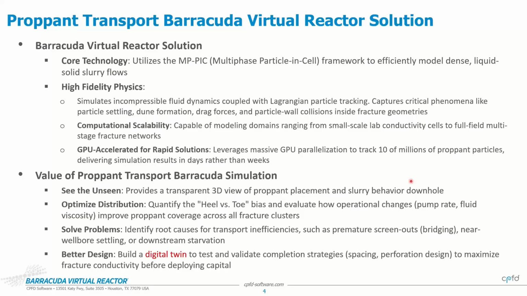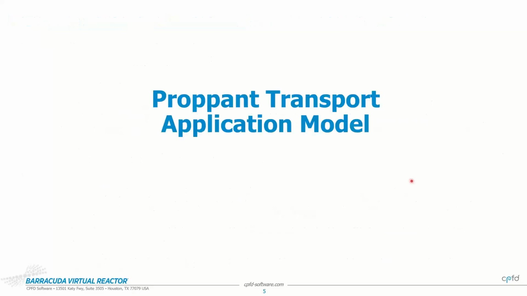And then last but not the least, once you start building multiple of these simulations, you can think about building a reduced order model on top of it, which acts as a digital twin, and then you can start getting some real-time answers as you're undergoing this process. With that, I'm going to jump into the actual application model for today.